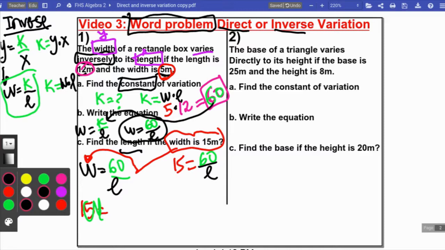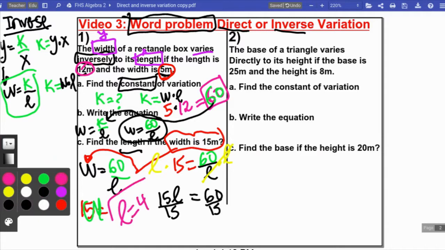You can multiply by the length on both sides, which makes this go away. Then you have 60 on that side and 15L here. Then divide by 15, and you get that L is 4. Pretty good stuff.